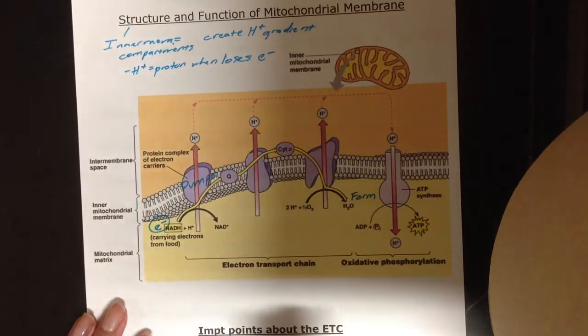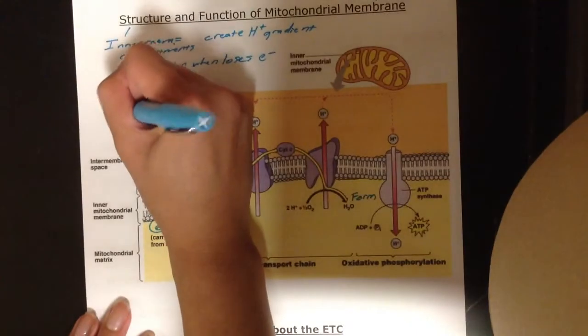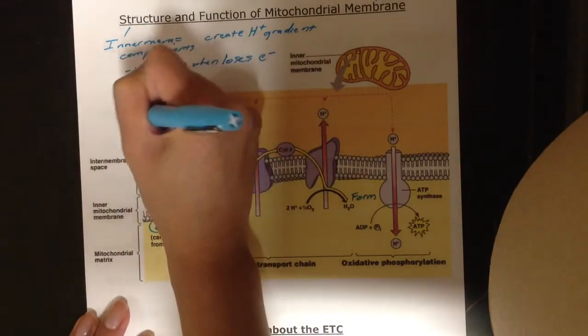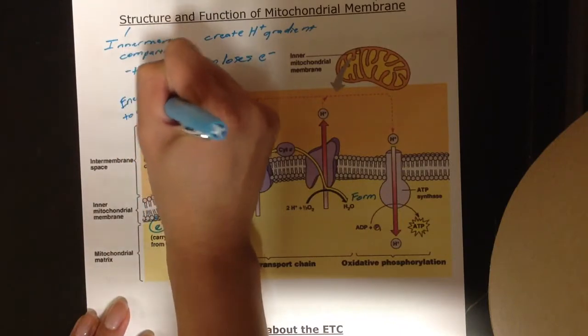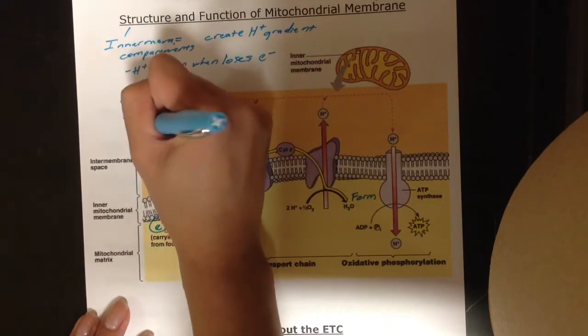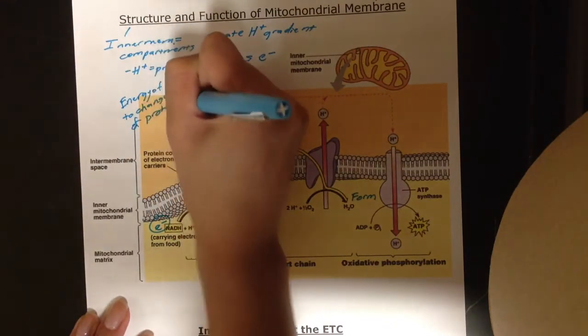So, what happens? We're really just taking the energy of an electron to change the shape of the proteins as it passes through.